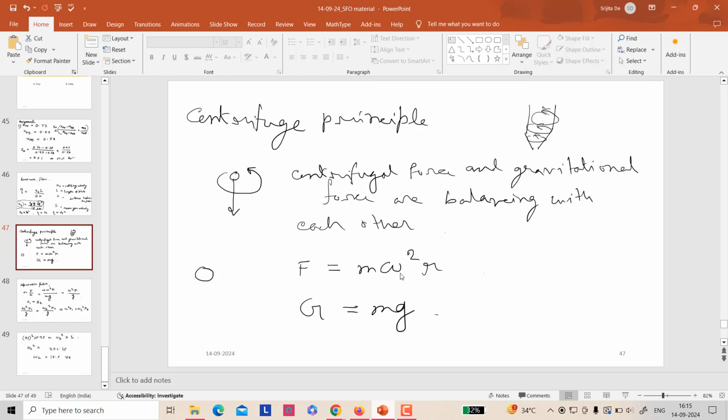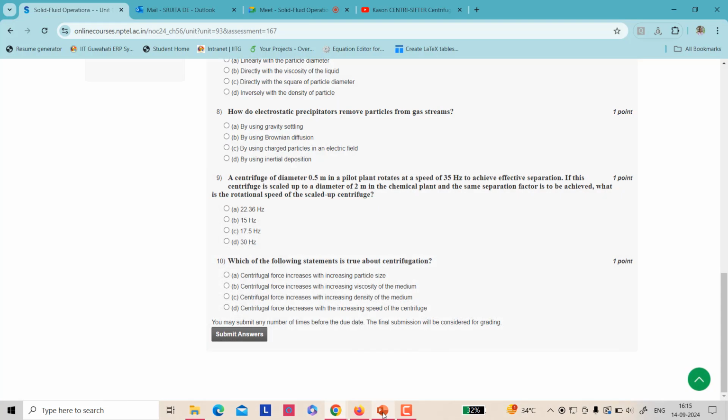So it is dependent on the radius. When the diameter of the particle is increasing, the centrifugal force also increases. So it will be option A. It has nothing directly to do with the viscosity. Obviously it has something to do with viscosity and density, but directly centrifugal force is dependent on the particle size. The last option, centrifugal force decreases with increasing speed, is also not true because it is proportional to omega square. So the answer will be A.